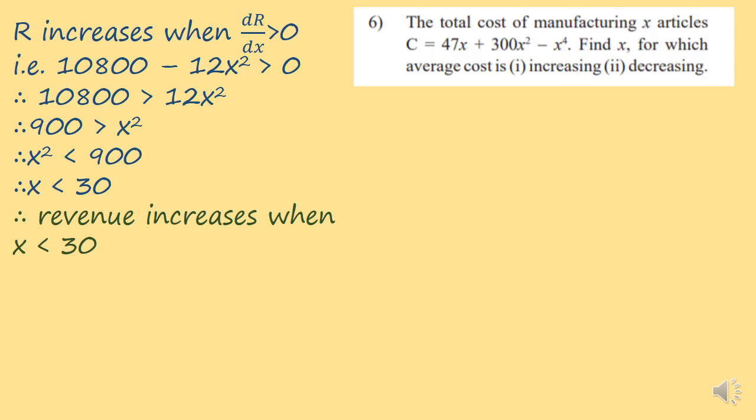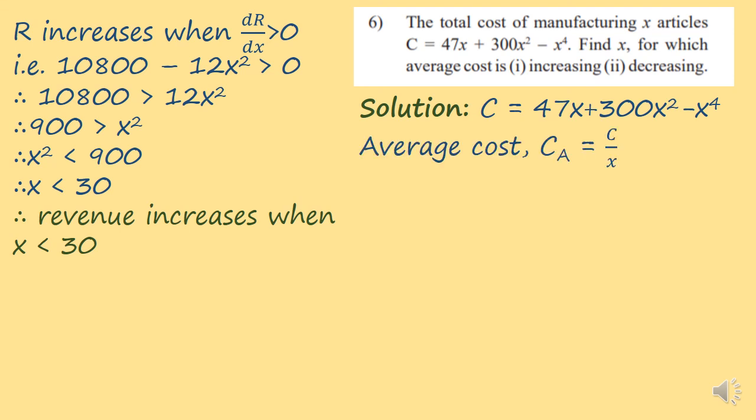The sixth question: the total cost of manufacturing x articles is given as C is equal to 47x plus 300x square minus x raised to 4. Find the value of x for which the average cost is increasing or decreasing. Both the cases we have to see. Now first of all, from the cost function, this is total cost.